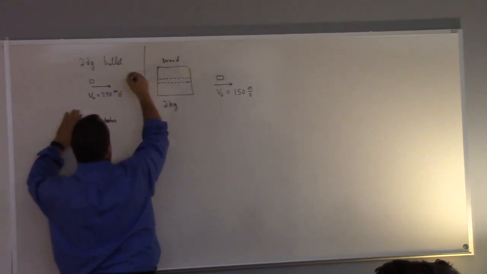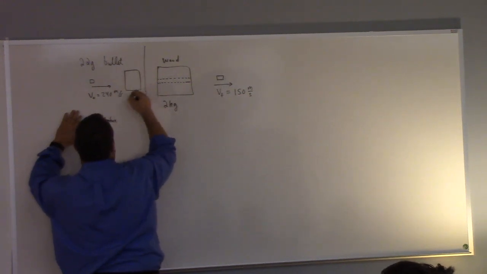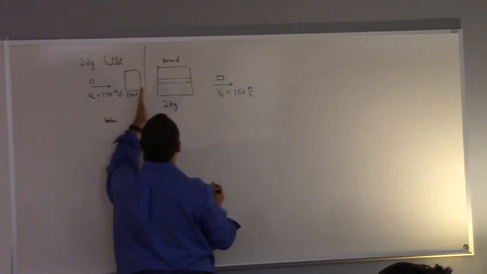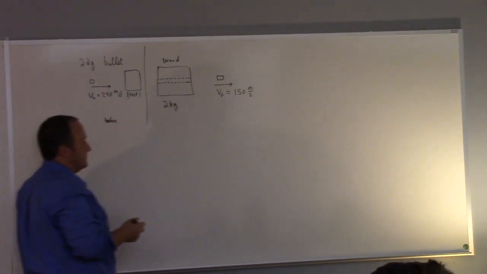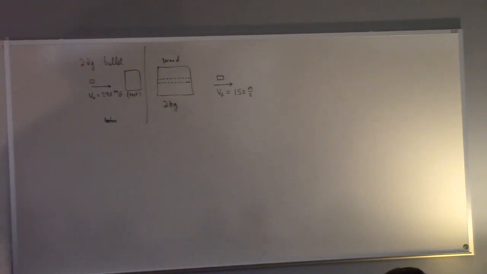So before, you've got the wood sitting here minding its own business, initially at rest. And then after the bullet has shot through the wood, it's going 150 meters per second. And the wood is doing what? Is the wood sitting at rest still? It is not, because if it was, that would violate the conservation of momentum.